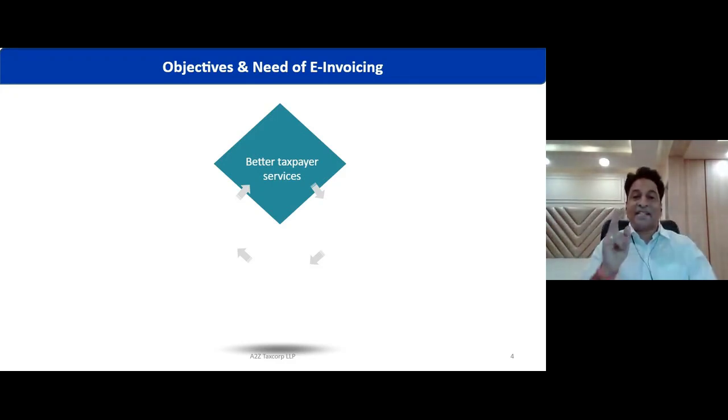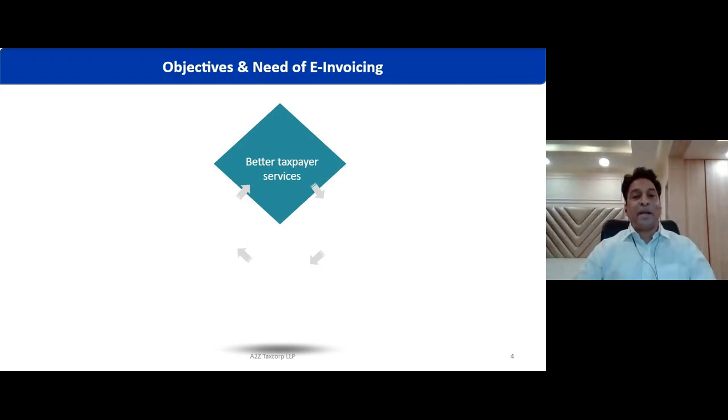Look at the advantage. And the second advantage, this IRP pushes the data to the e-way bill portal, and part A of e-way bill 01 gets auto-filled. If part B information is also filled, then you can generate your e-way bill instantly along with this IRN, the e-invoicing which I'm referring to. The same data helps the recipient.